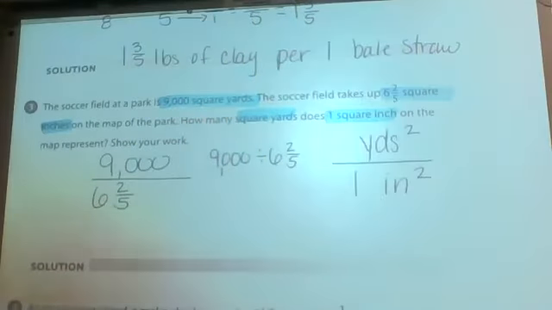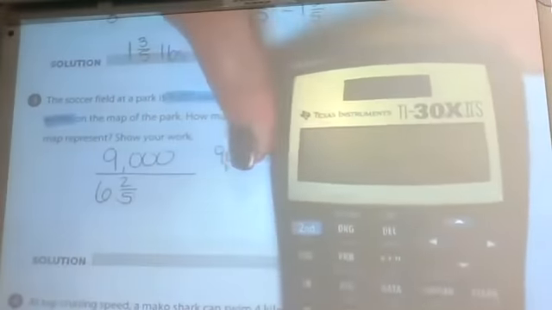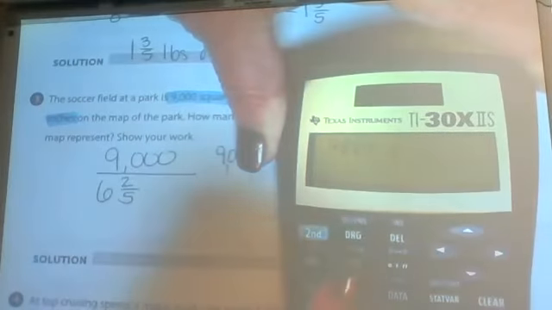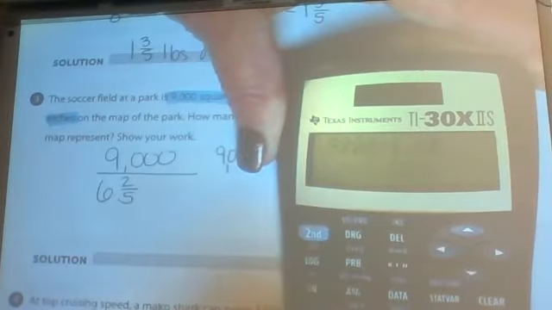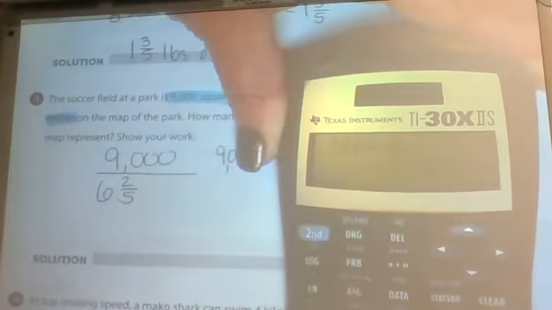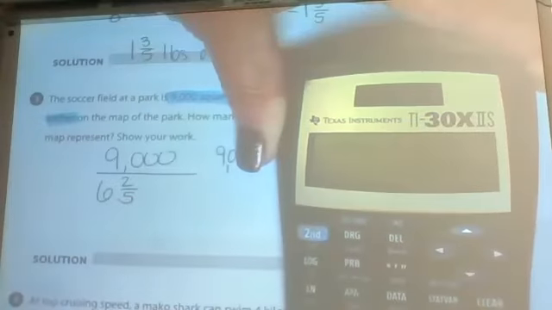This time I'm going to show you using a calculator. You would just go 9,000 divided by 6 2/5. Look at what it did: it actually changed it into a decimal, which is fine.